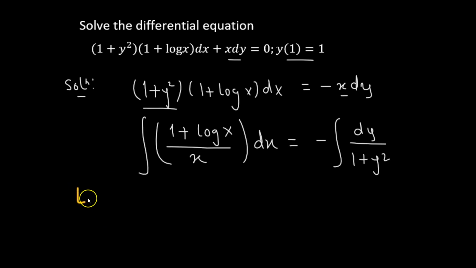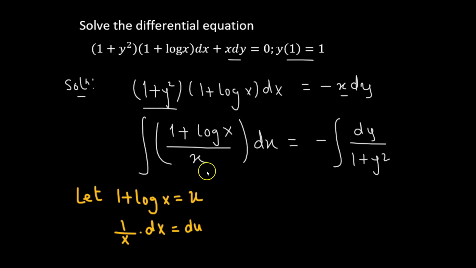Let 1 plus log x equal some variable u. Differentiating both sides gives us 1 over x times dx equals du. So our entire integral now becomes the integral of u du, where 1 plus log x is u and dx over x is du, equals negative integral dy over 1 plus y squared.